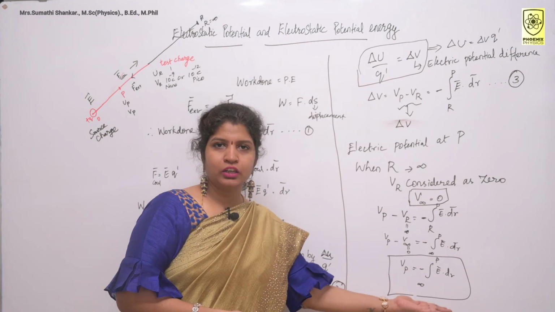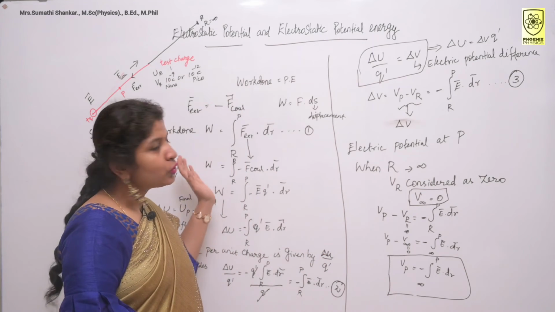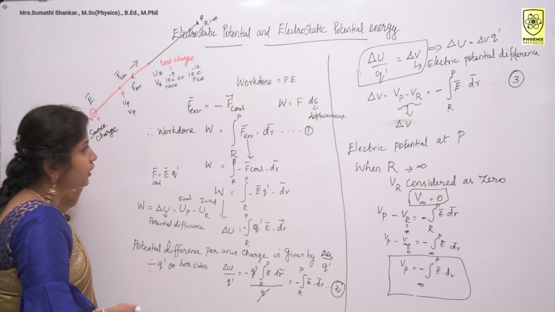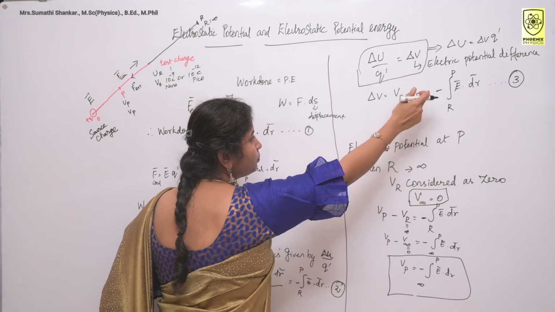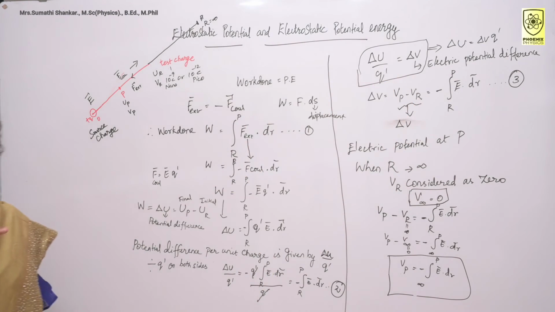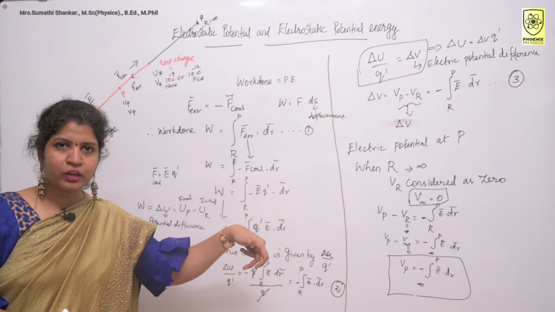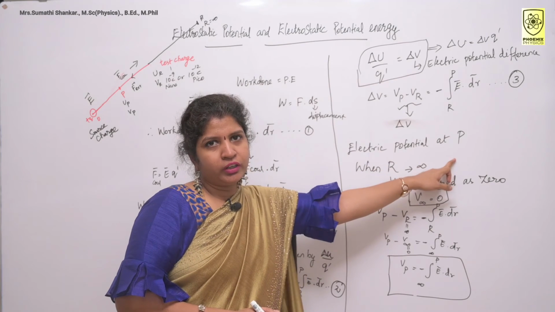This is our conclusion. So far we have derived electrostatic potential between 2 points, that is Vp minus Vr is equal to minus integral R to P E vector dot dr vector. Using this expression, we calculated potential at P point.